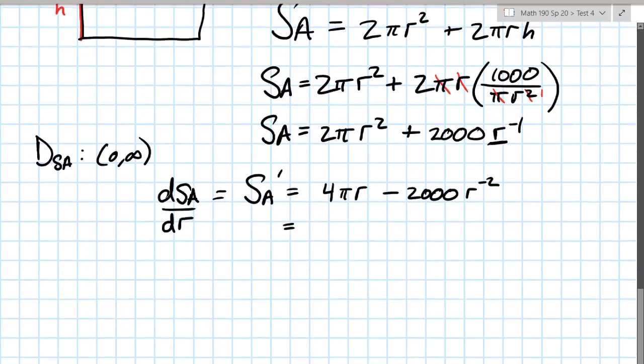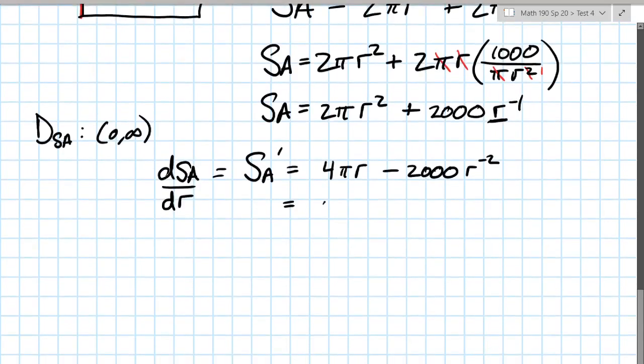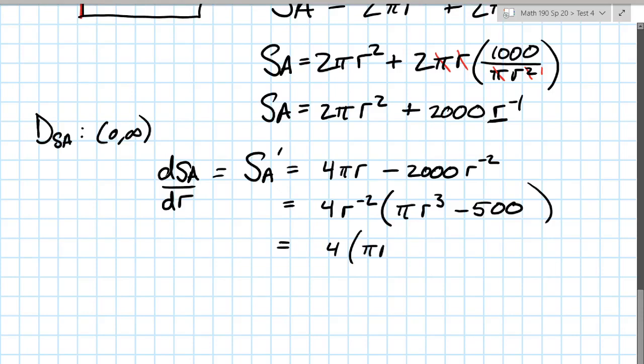I like factoring, so I'm going to factor out 4r to the negative 2, which leaves me with pi r cubed minus 500, which is 4 times (pi r cubed minus 500) divided by r squared.